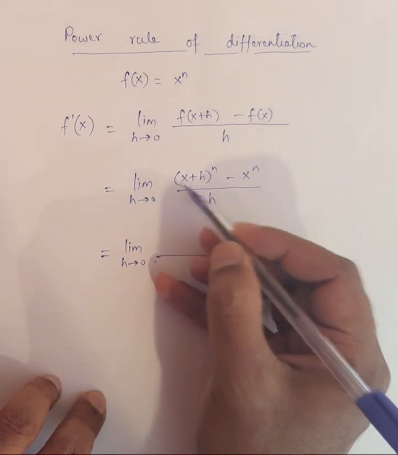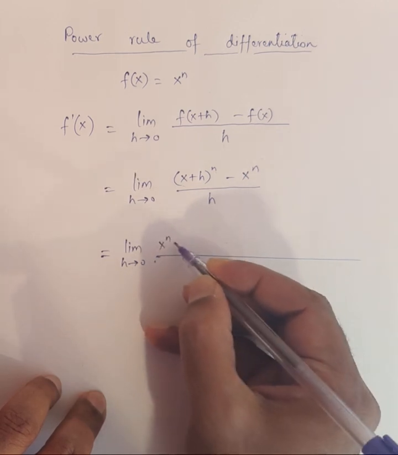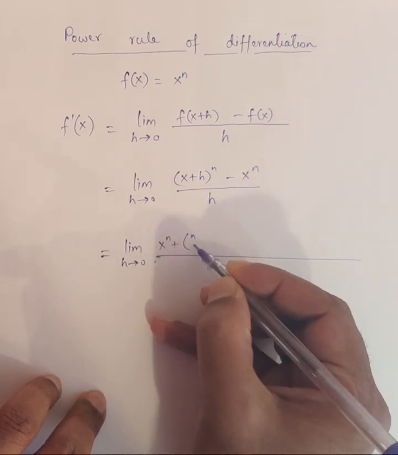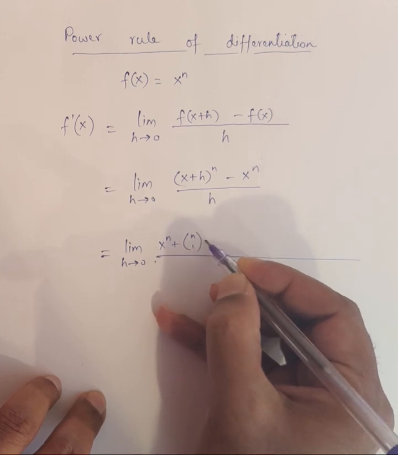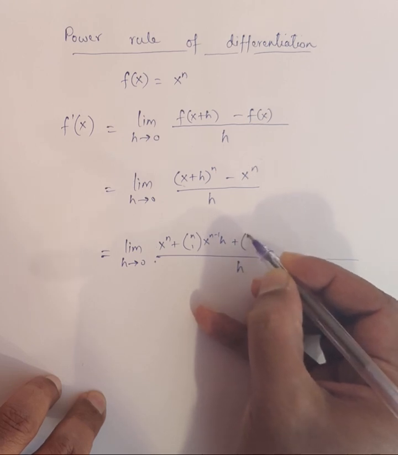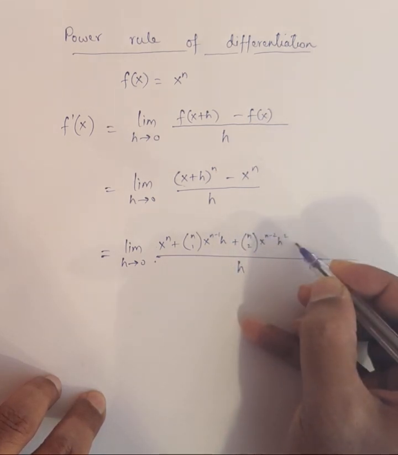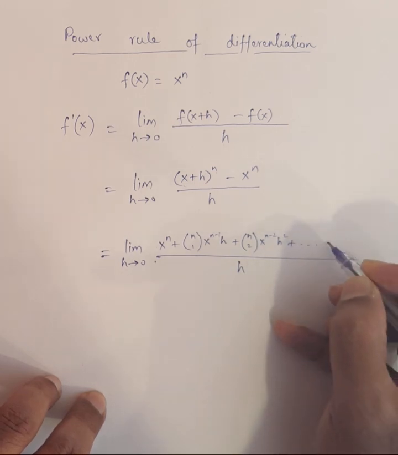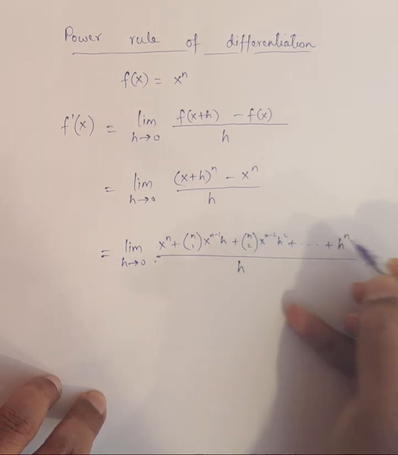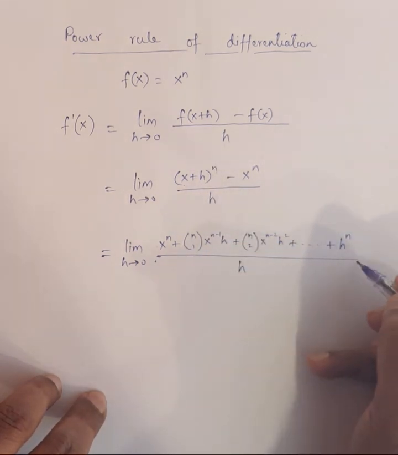Then you can expand (x plus h) to the n as x to the n plus n choose 1 x to the n minus 1 h plus n choose 2 x to the n minus 2 h squared, and so on until you arrive at h to the n. So this is just this expansion, (x plus h) to the n, and you would subtract x to the n.